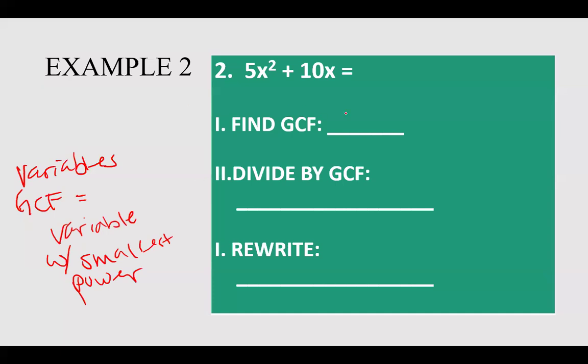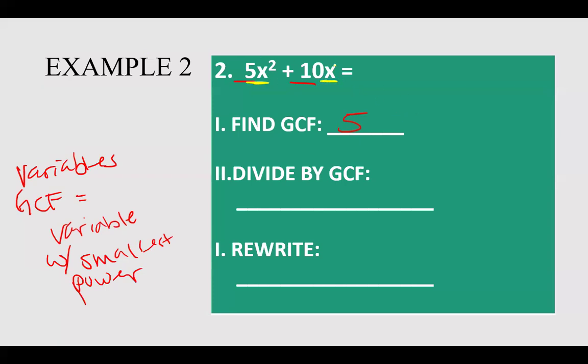Okay? So let's start here. We have 5x squared plus 10x. Again, you're going to look at the GCF of your numbers first. What is the GCF of my numbers? 5. The greatest common factor of my numbers is 5. Next, we're going to look at the GCF of our variables. Our variables are x squared and x.